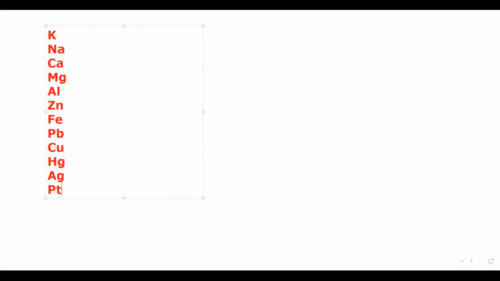It is easy to remember if you learn the position of hydrogen in this reactivity series.